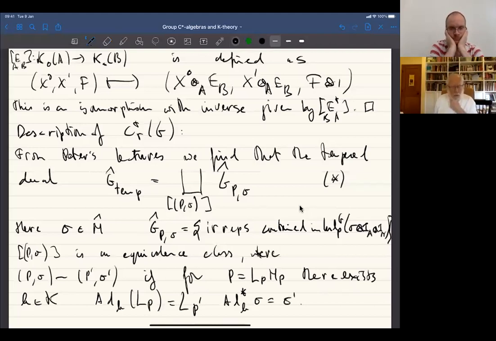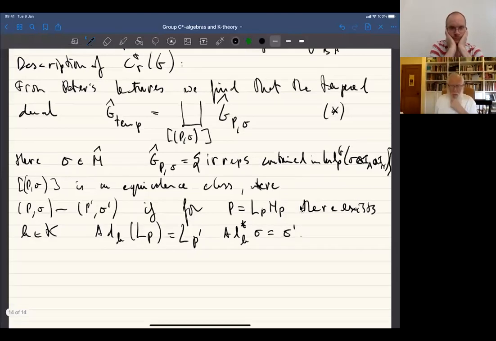So we say that two such pairs are equivalent if they are conjugate by some element in a compact subgroup.